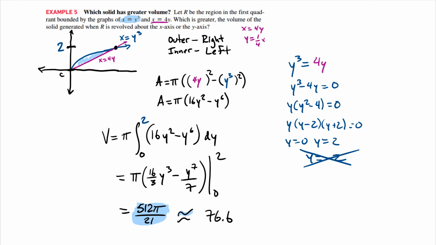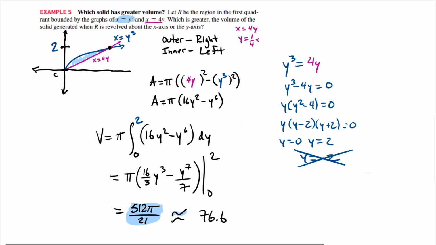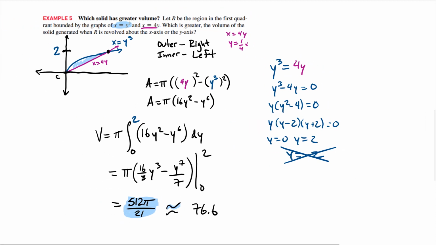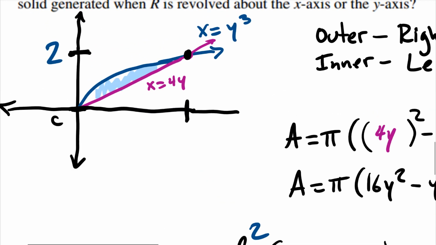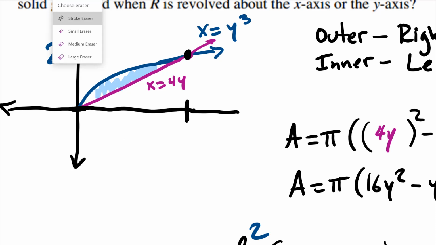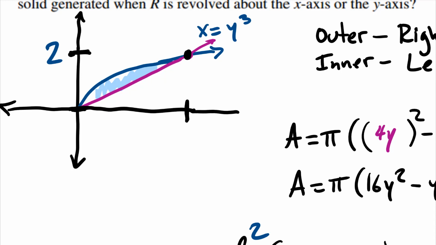All right, neat. Well, now we want to do this about the x-axis, so we want to see which one's bigger. We want to take this thing and revolve it about our x-axis, which means we want to change these. x is equal to 4y.